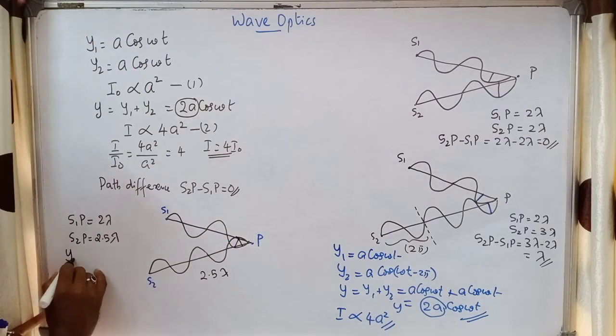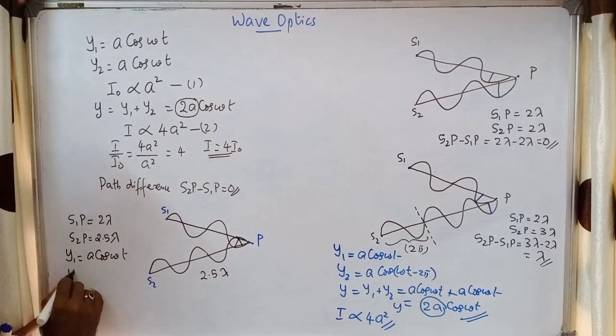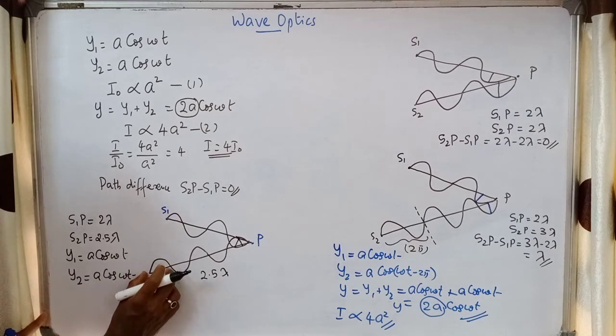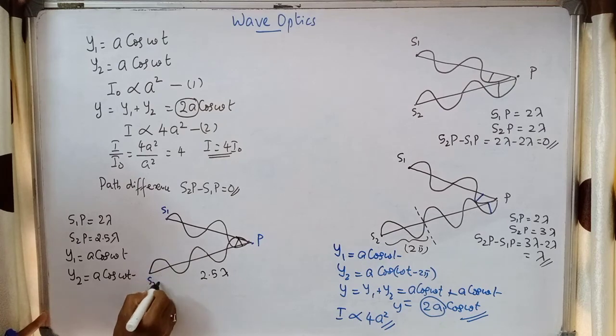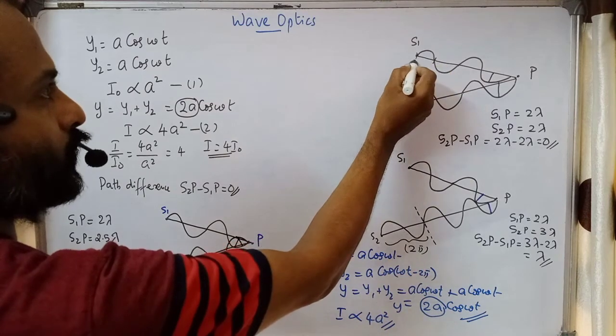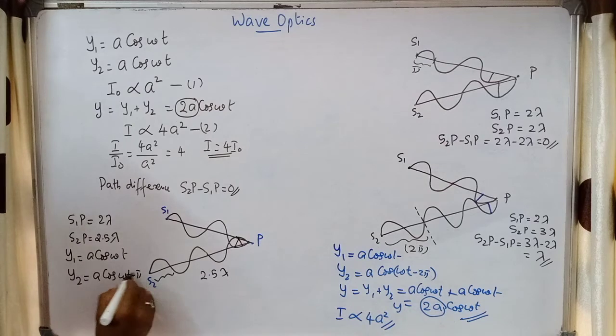Here we can say y1 = a cos ωt, and y2 = a cos(ωt − π), since we need to subtract the phase corresponding to half of a wave. Half of a wave means the phase is π, so I can subtract π here.